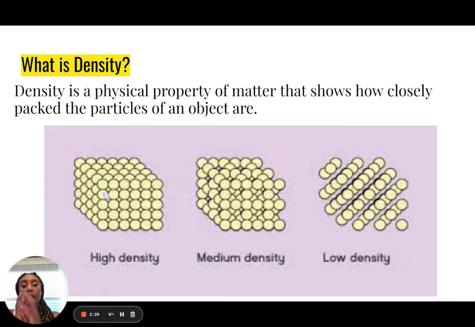And these that are very closely packed are high density. Now, usually, but not all the time, when the particles of an object are closely packed, it's heavier than the ones that are further apart. So, in layman's terms, people usually say density is how light or heavy something is. But in scientific terms, it's how closely packed the particles are, right?